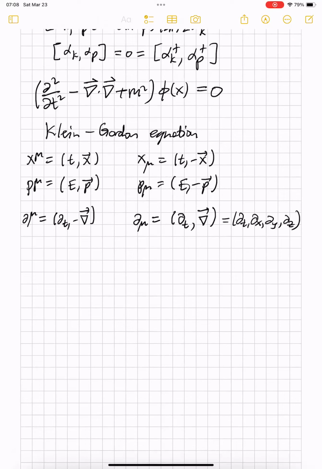You should be able to check this by how d mu transforms under a Lorentz transformation. That's a very good thing for you to think about and verify for yourself. It's just an exercise in doing Lorentz transformations.